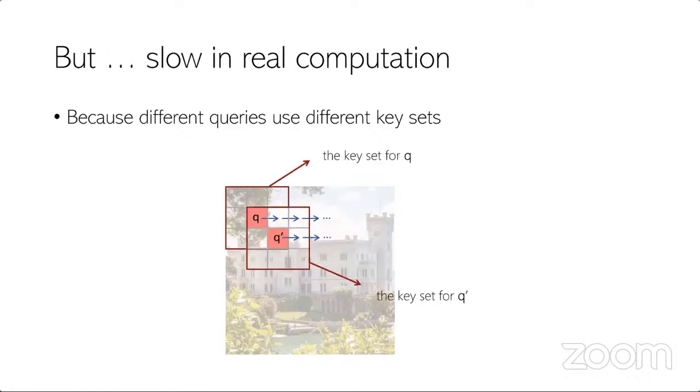For a query at another location, for example Q prime, the window changes to center on this new query. Because Q and Q prime use different key sets, the real speed of this approach is limited. Because of this, it's not practical to work as a backbone.